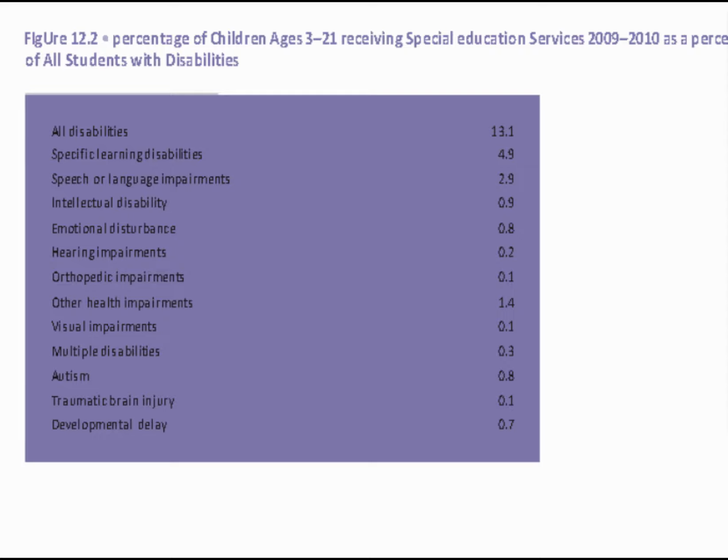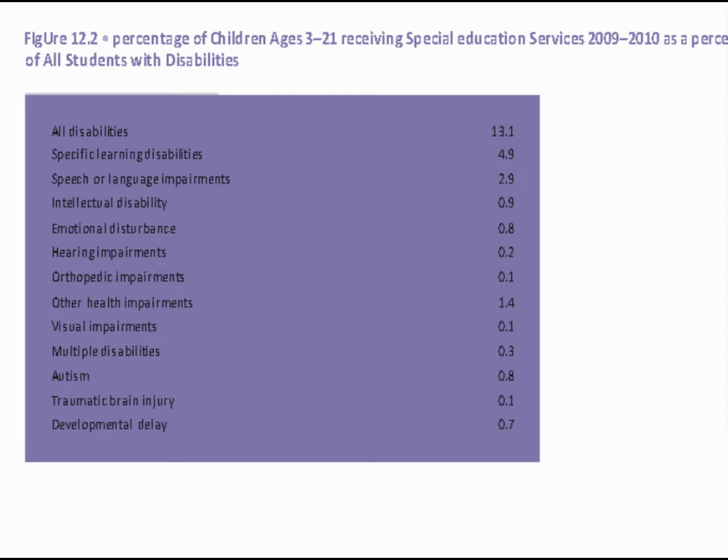Otherwise health impaired is 1.4. Now you think, wow, 1.4, that's the third largest. That's because ADHD, attention deficit hyperactivity disorder, and ADD fall under otherwise health impaired unless they also have a learning disability or an emotional disorder or disturbance along with it. Visual impairments is 0.1. Multiple disabilities is 0.3.